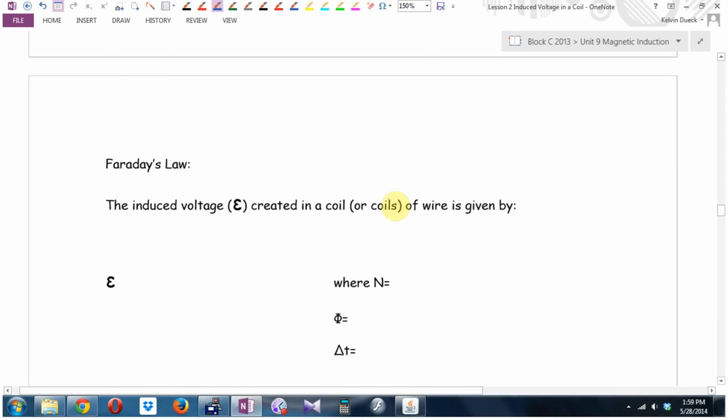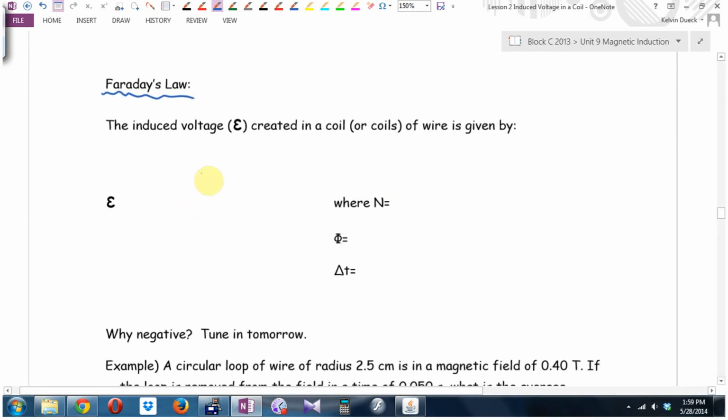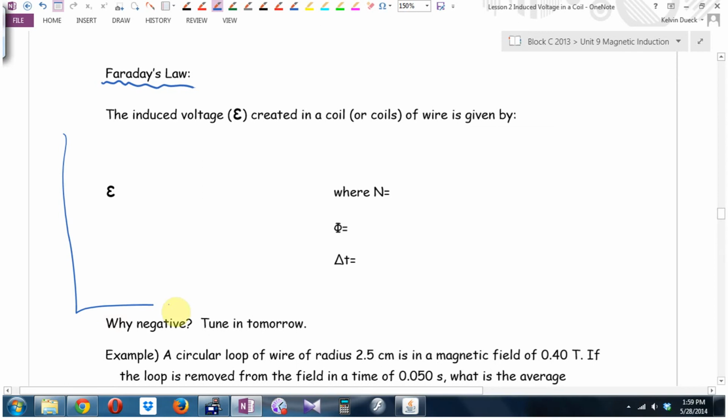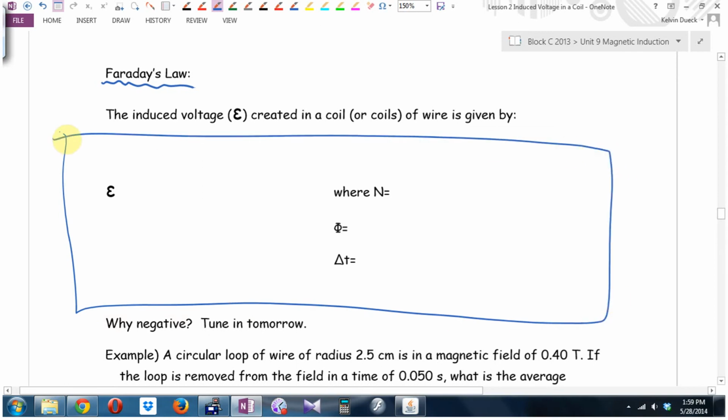Faraday's law. Underline Faraday's law. In fact, really, I should have put a box around this, because this is big equation number 2. And it says this: the induced voltage when you're spinning a coil is equal to, leave a space, N change in flux over change in time.